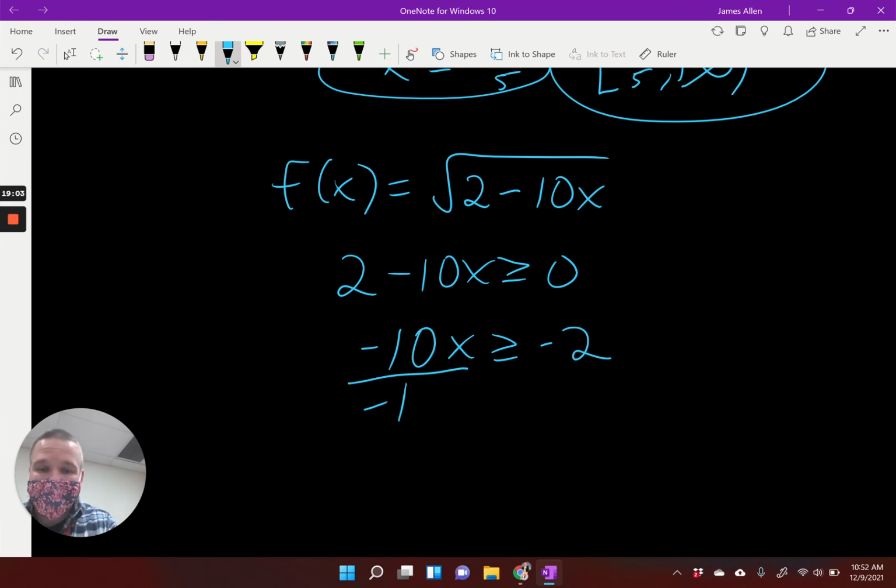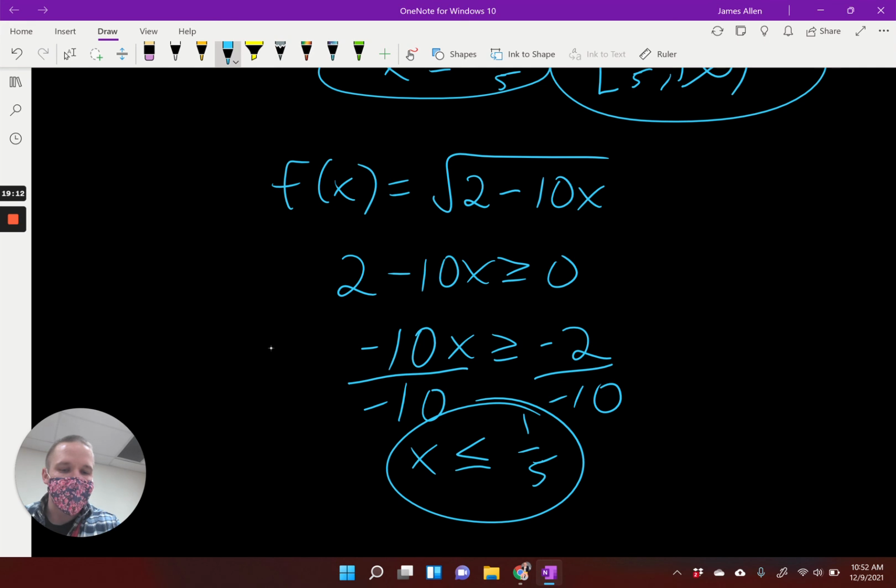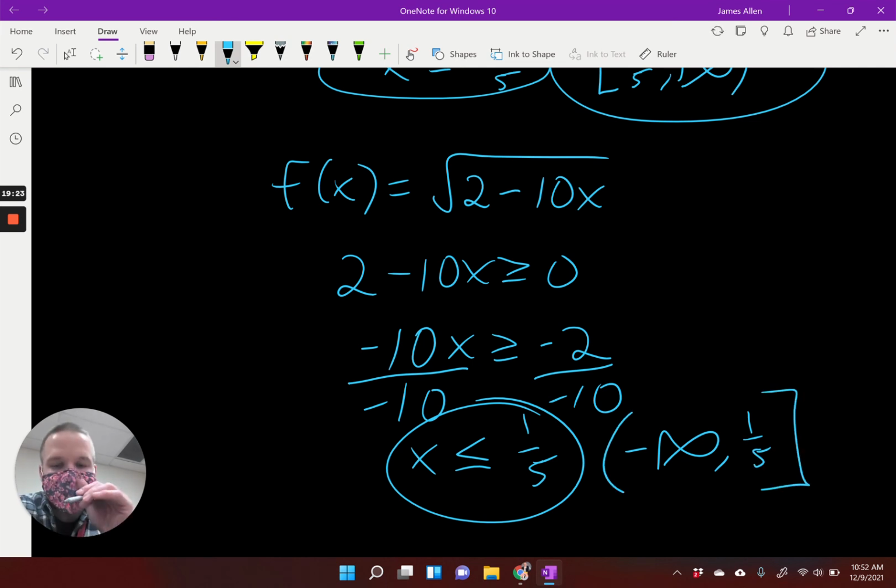And now since I'm dividing by a negative 10, I have to flip the inequality. And now I have 1/5. So that's my new domain restriction here. Or, whoa, it'd be negative infinity to 1/5 would be that equivalent. Probably a little easier to write the inequality so that you don't make the same mistake that I almost just did.